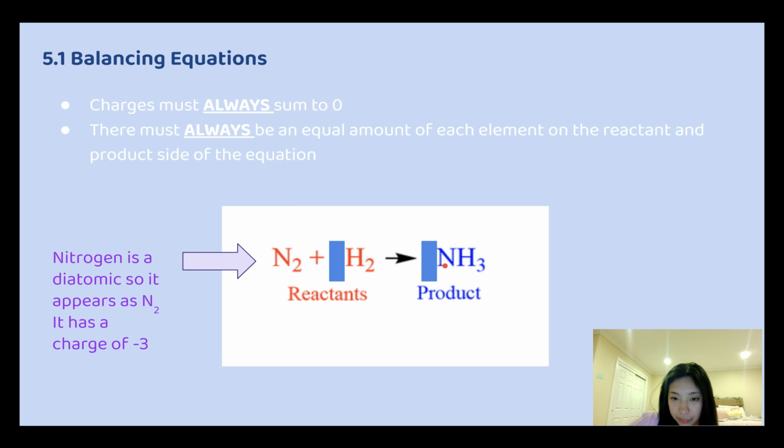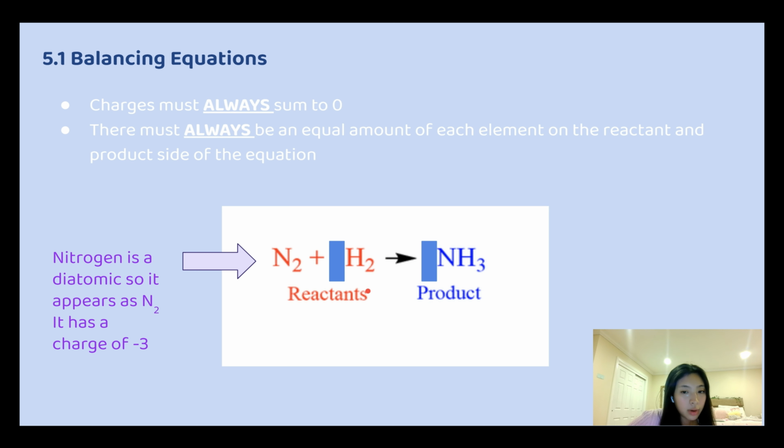Okay, so now that we know that there's 2 nitrogen on the reactant side and 2 nitrogen on the product side, we should look at the hydrogens. 3 times 2 is 6. That means there's 6 hydrogen on the product side, so we must balance the reactant side to have 6 hydrogen.